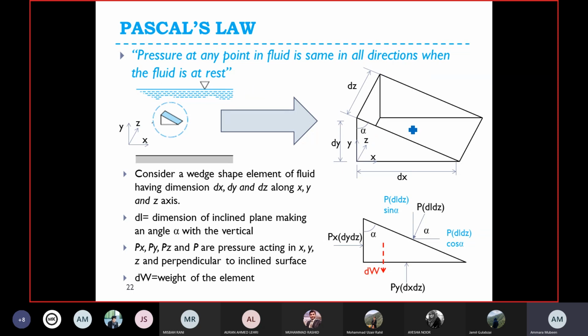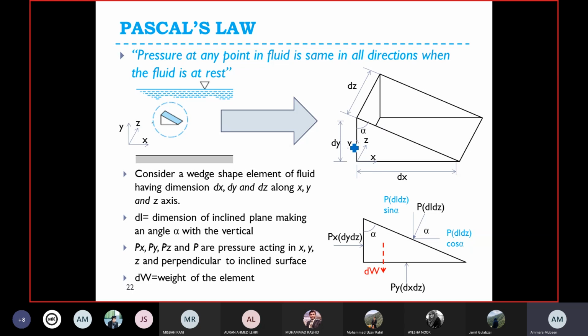So considering a wedge-shaped element like this, which is an element of fluid in stationary condition, it means that this wedge-shaped element is also in stationary condition. The lengths of the sides are dx base, dy vertical length, dz on the z-axis, and another dimension, the hypotenuse, which is the length of this wedge-shaped element.